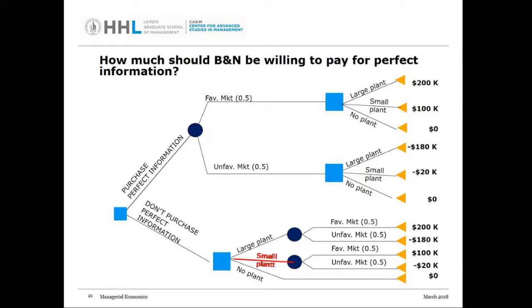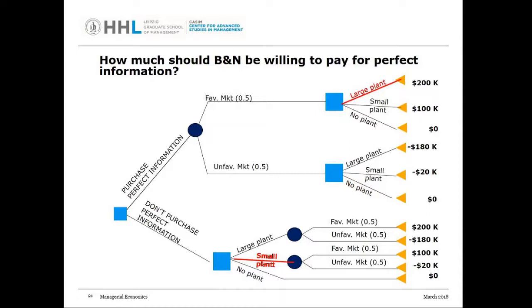This is the way it's constructed. The payoffs are as they were before. On the lower part of the decision tree, we know from backward induction that building a small plant is the optimal decision.